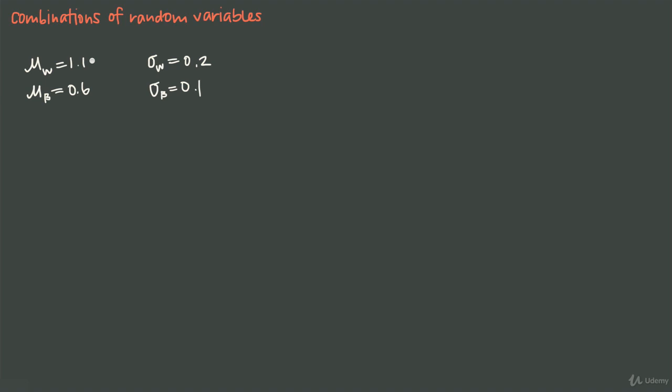A random variable W that models how much time I spend walking each day, and a random variable B that models how much time I spend biking each day. But now I'm interested in my total activity time. I want to know if I add these two together to get total activity time, the time I spend walking and biking combined, how do I use the data that I already have to find totals for activity?